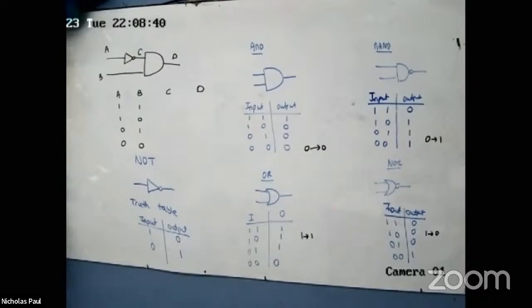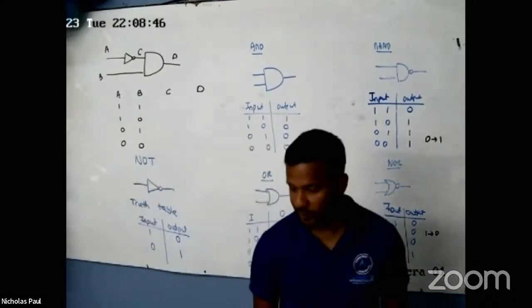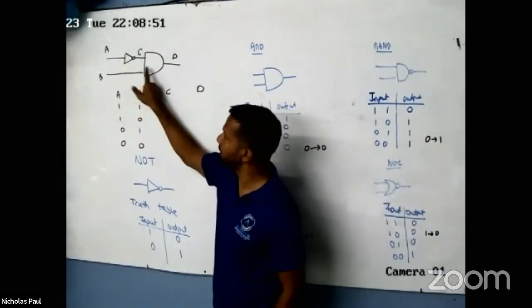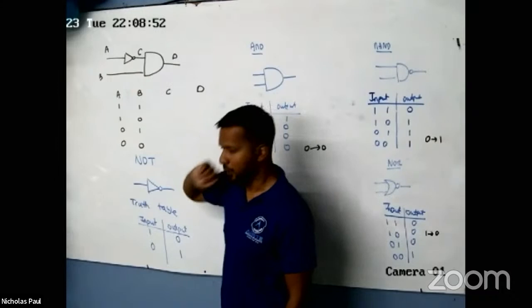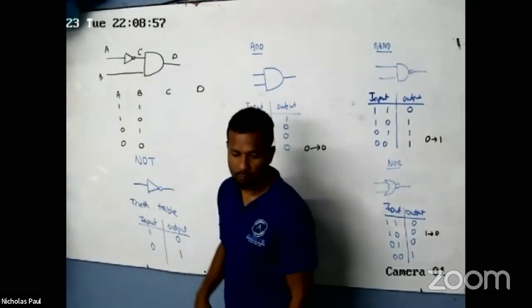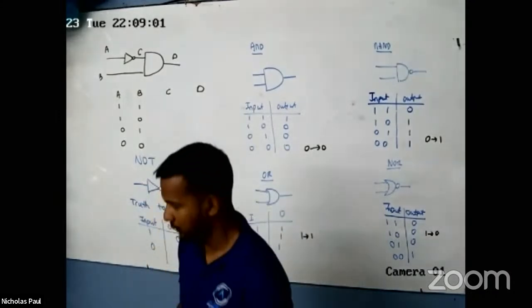Okay. So just draw this circuit. And what you can do is write on your diagram the name of this gate and the name of this gate. Let's see if we could work this out.